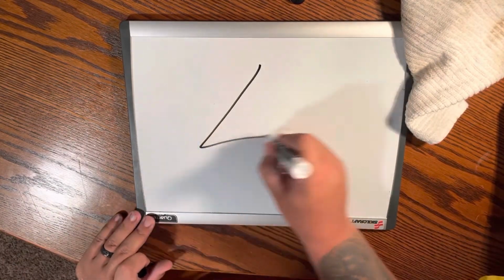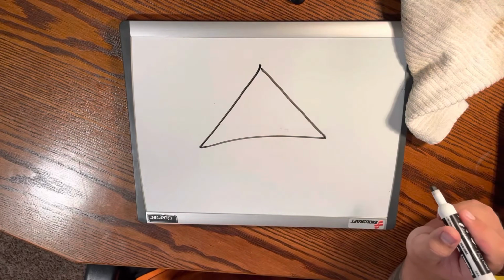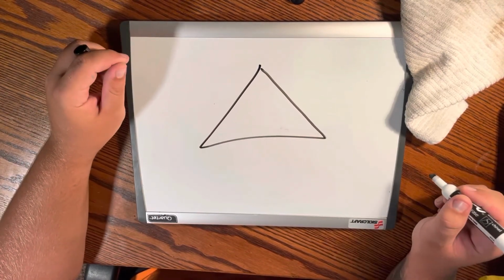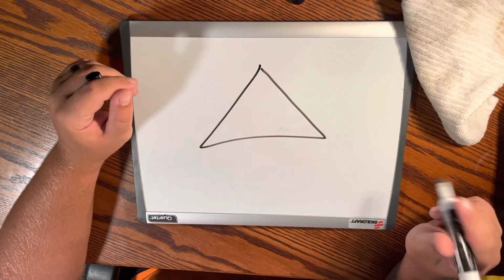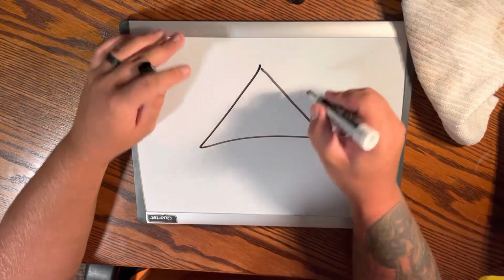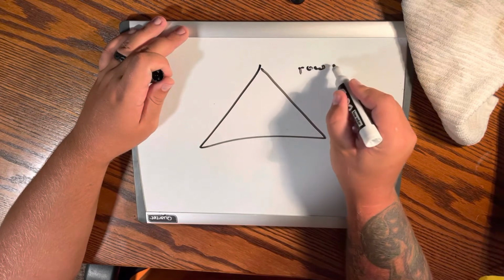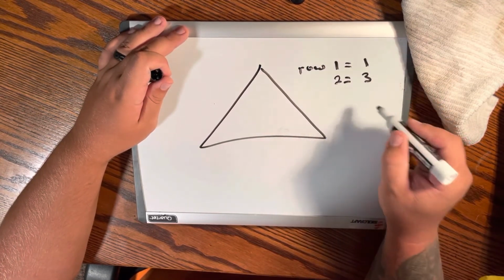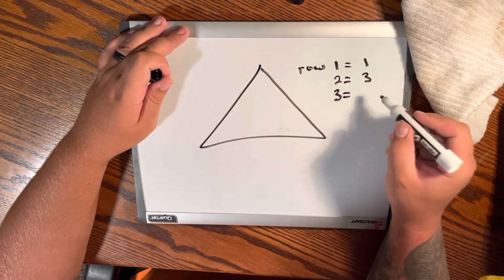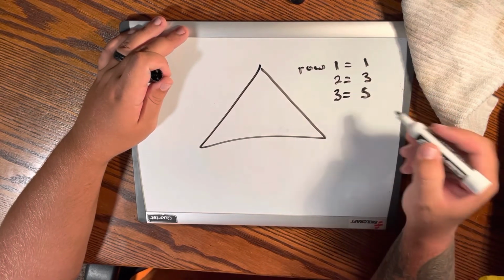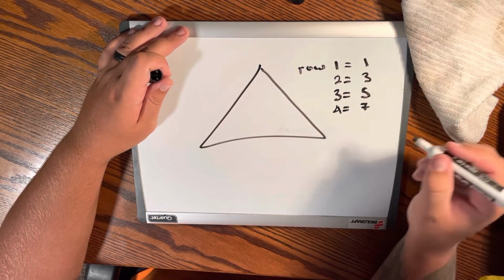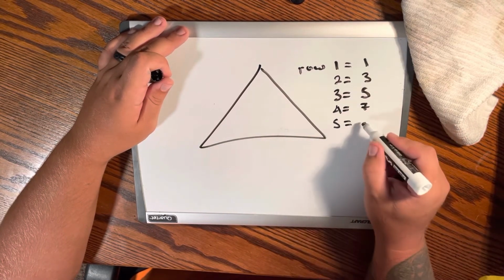If you go back to that first problem with the triangles, if you made 4 new rows and then counted them all out, bravo. Well done. I would not have done that. I would have seen that row 1 equals 1 triangle, 2 equaled 3 triangles, 3 equaled 5 triangles, 4 equaled 7 triangles, 5 equaled 9 triangles.